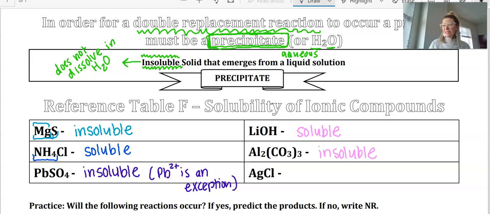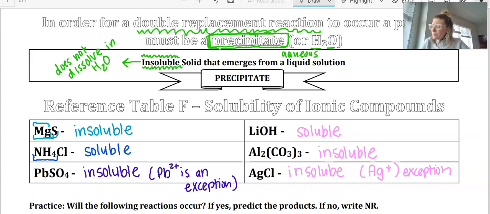And AgCl, silver chloride: no specific rule about silver, but chloride falls under the halides, which are always soluble unless paired with silver, lead, or mercury. So this is actually going to be insoluble again because Ag+ is an exception to that solubility rule.